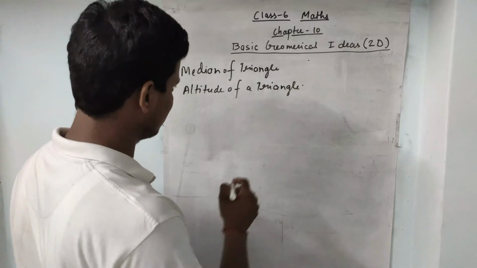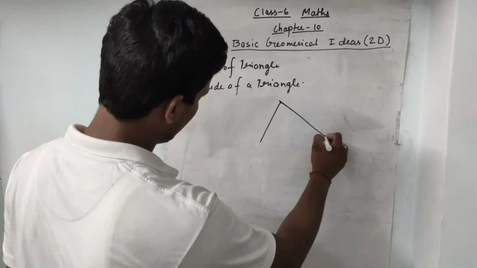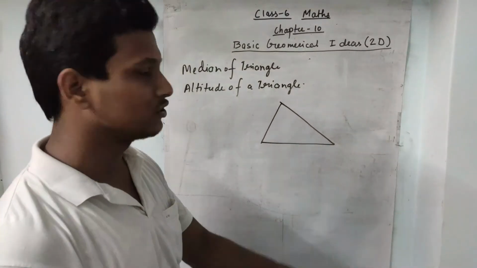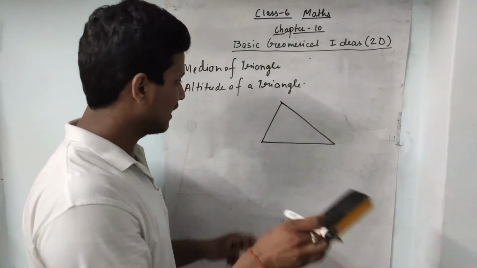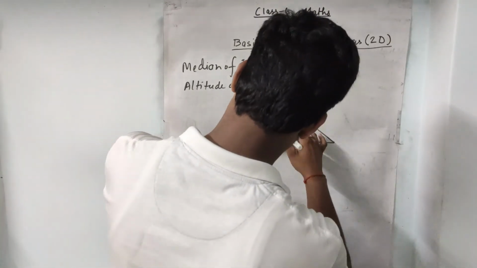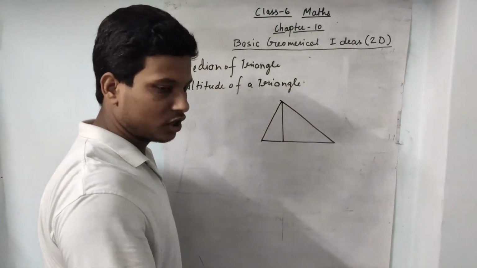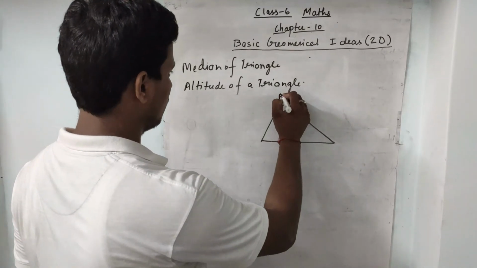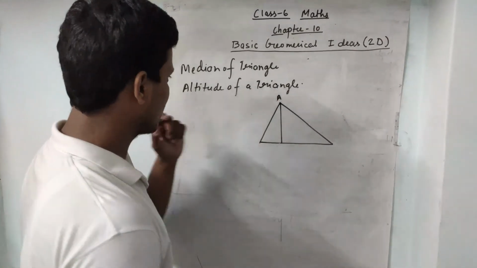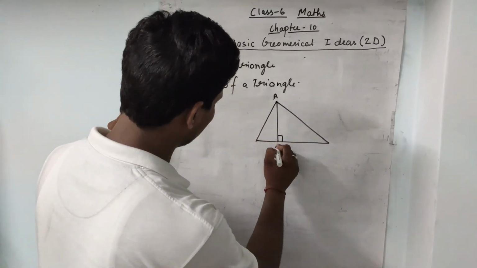Okay, the next is the altitude of a triangle. Altitude basically means a perpendicular line drawn from the point to its opposite side. Like we have drawn a perpendicular line like this.